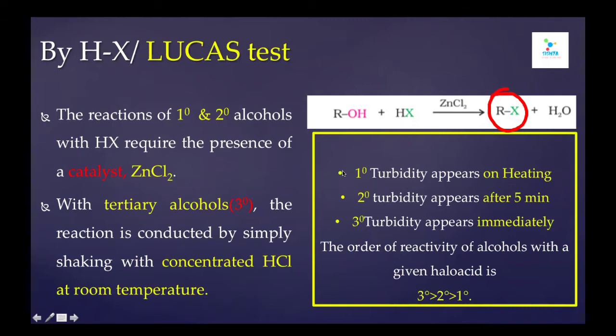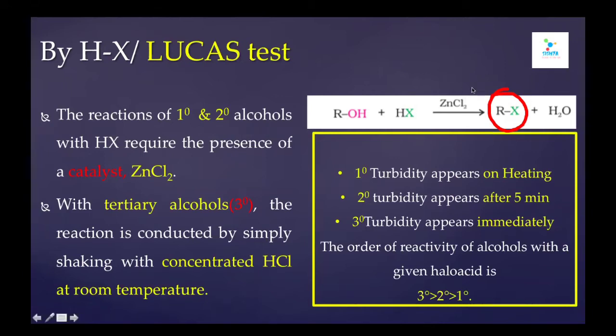If the alcohol reacts with HX only after heating, then it is a 1 degree alcohol. If it reacts after 5 or 10 minutes after adding HX, then it is a 2 degree alcohol. And if it reacts immediately, then it is a 3 degree alcohol.